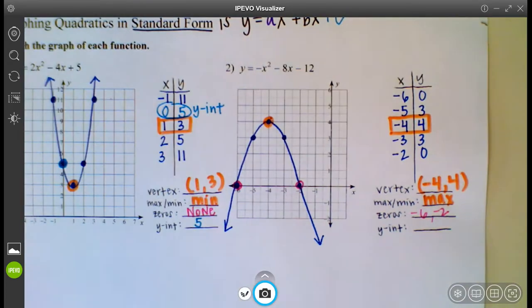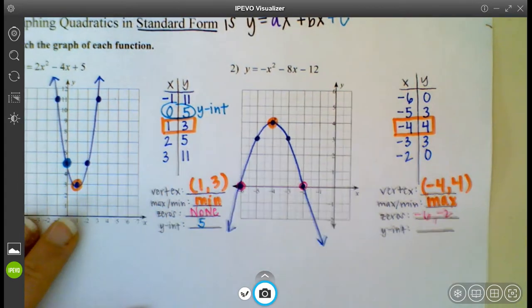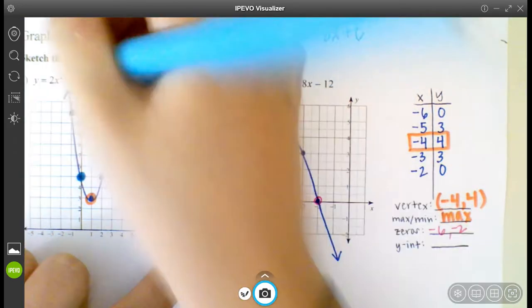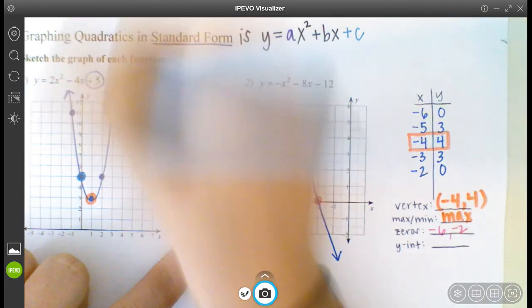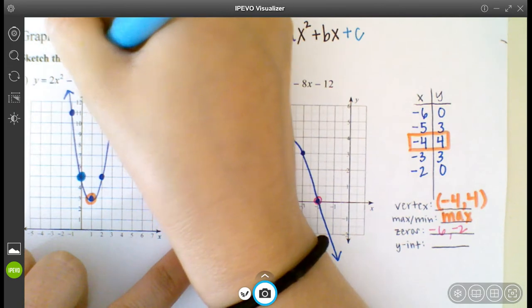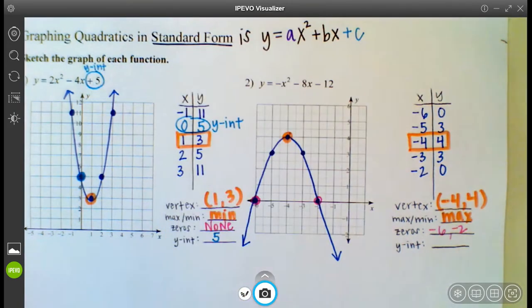I forgot to give a huge piece of information back on number 1, that our y-intercept was at +5. And notice, guys, at the end of your equation, there's a +5. So it gives away what the y-intercept will be. That is kind of cool.